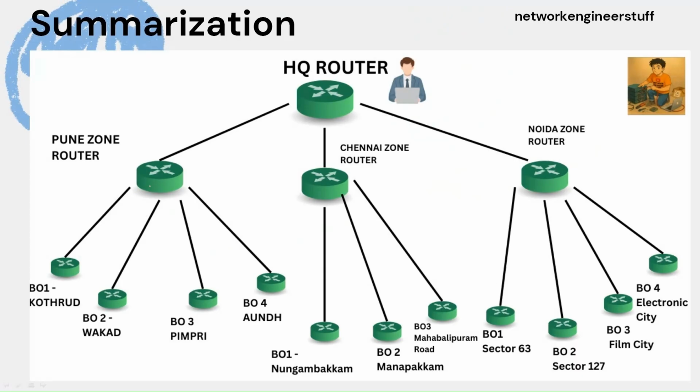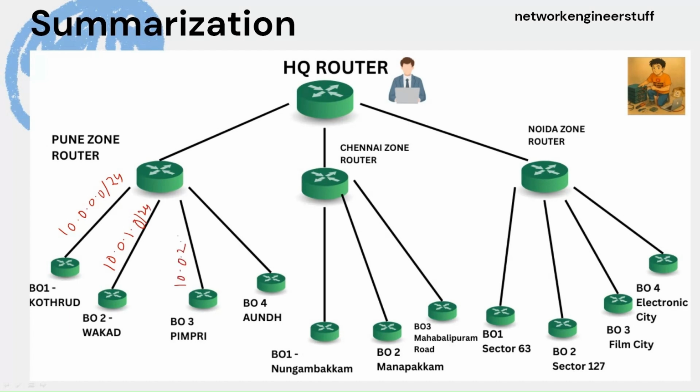That is the reason I have introduced this particular topology, so that you guys can have a good understanding. So let's say this particular link has the IP address 10.0.0.0/24. This has 10.0.1.0/24.